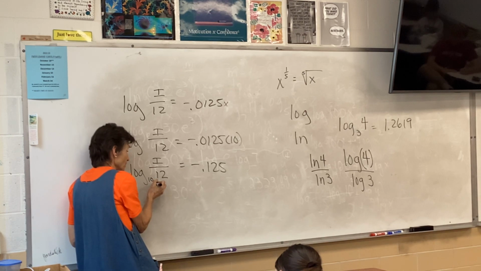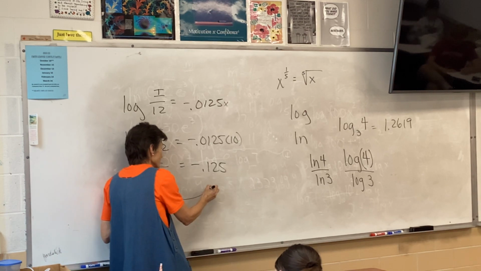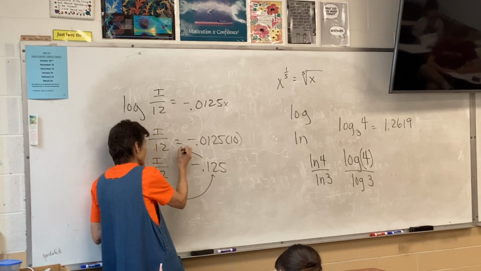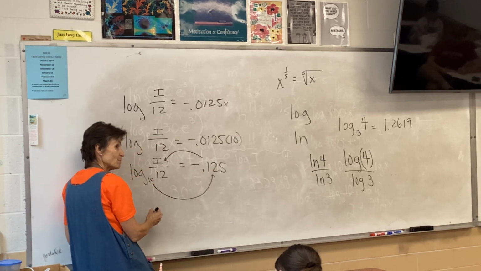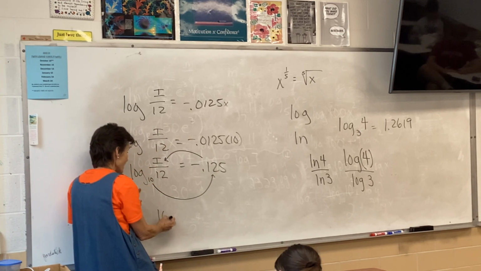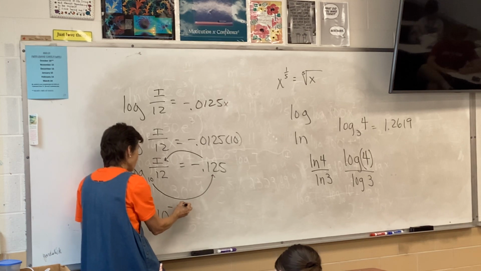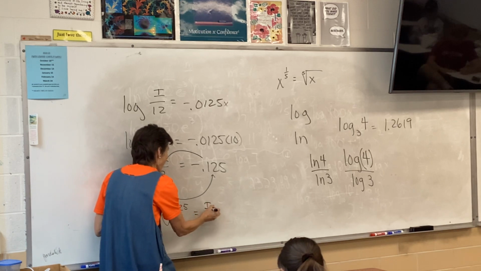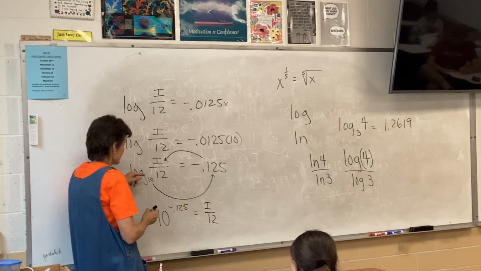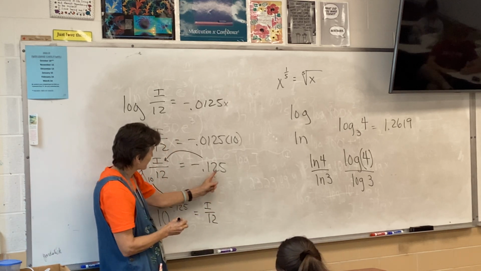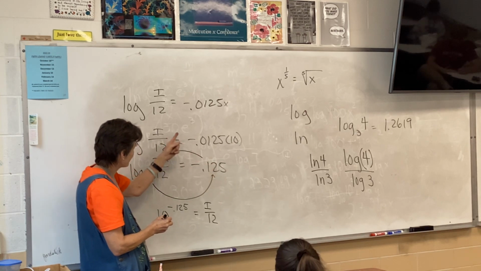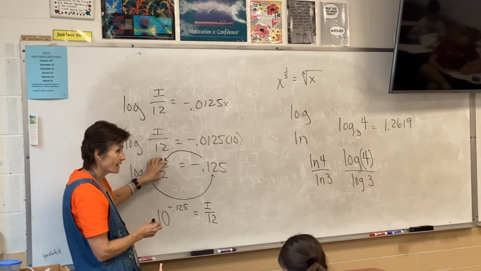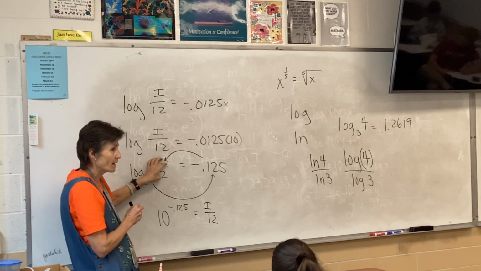So I'm going to loop: 10 to this power equals this. Remember that from yesterday? 10 to the negative 0.125 equals I over 12.